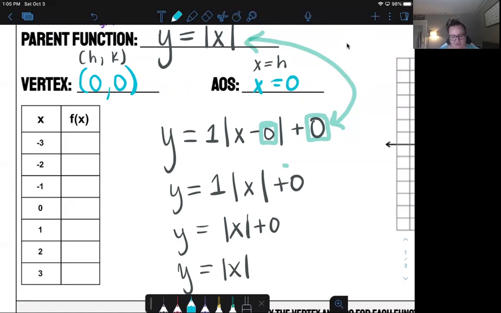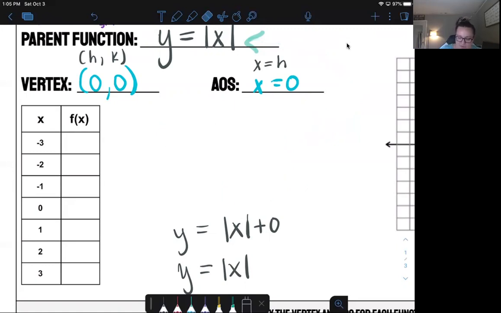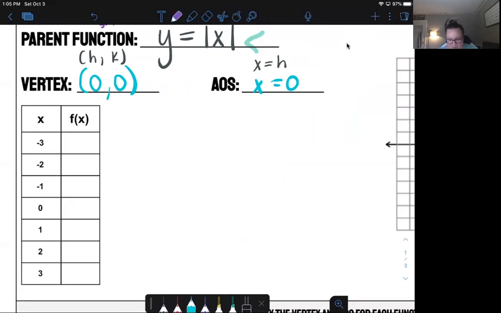Well, let's use a table of values just to double check some things. I want to make sure that I graph the right thing here, right? I want to graph this function correctly. So if I plug in -3 for x, I'm going to have y is equal to the absolute value of -3. Well, the absolute value of -3 is 3. Let's do the same for -2.